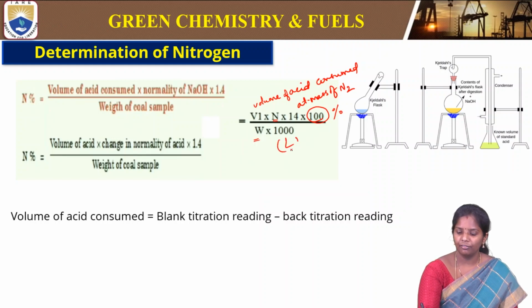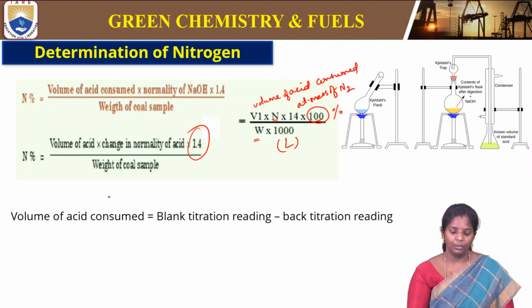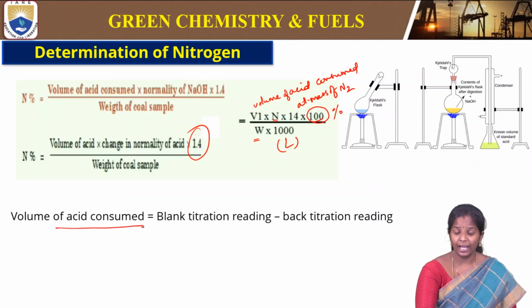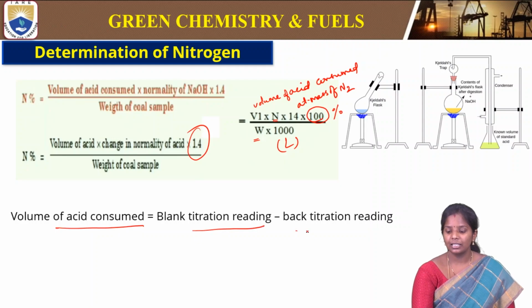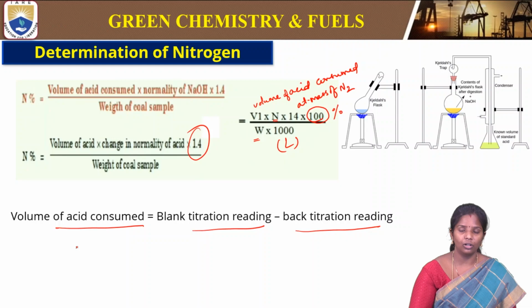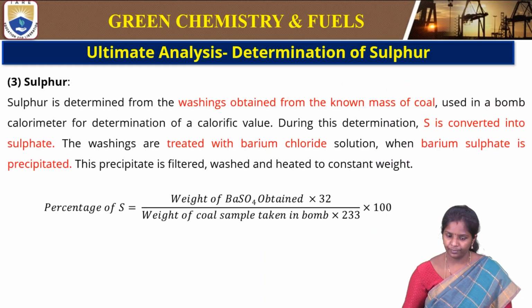For liters we make it 1000. When we multiply by 100 and divide by 1000, it becomes 1.4. That is how there is a change in the derivation of the formula. The volume of acid consumed is the blank titration reading minus the back titration reading. This difference gives the volume of acid consumed for the nitrogen.